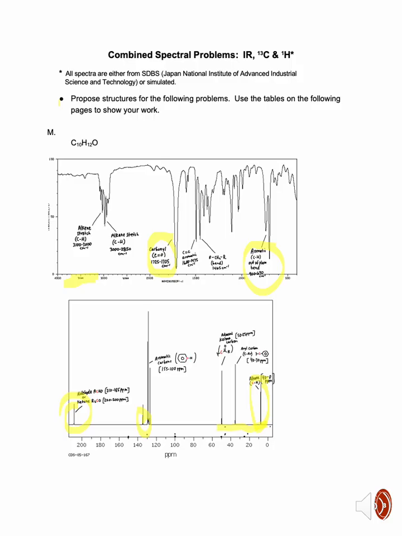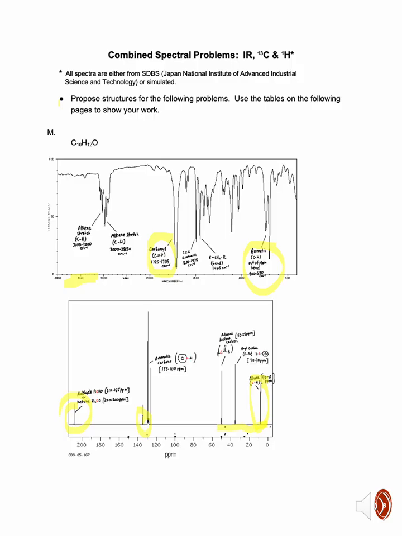And then in the fingerprint region, an absorption that stands out is the strong peak between the 690 to the 900 range, right about over here, which is indicative of aromatic CH bonds. So the big takeaways from this IR spectra is that our proposed molecule most likely contains an aldehyde or ketone, and it is indeed aromatic.